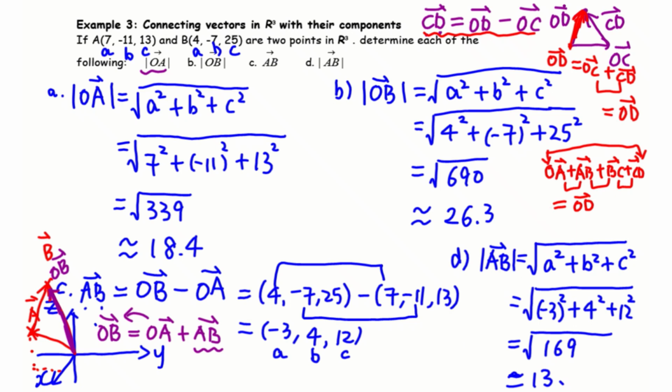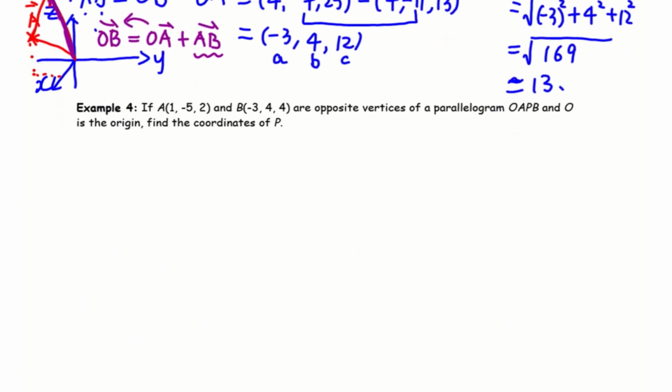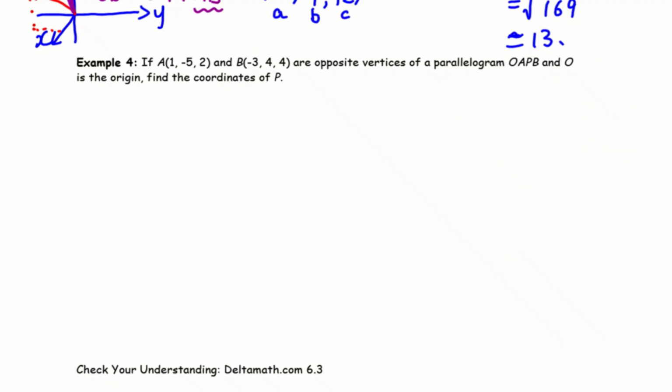Now we are going to see our last example, example 4. If A, B are opposite vertices of a parallelogram OAPB, O is at the origin.